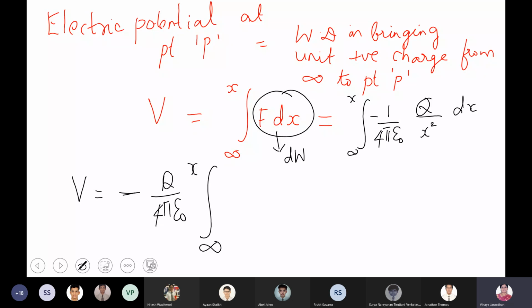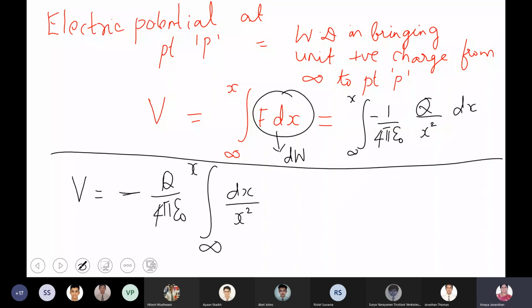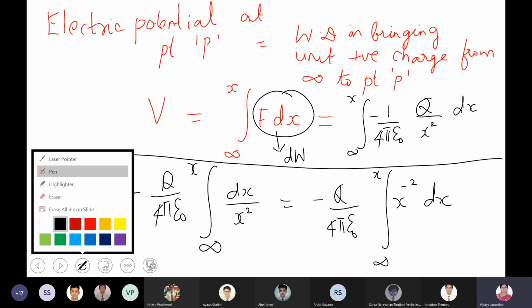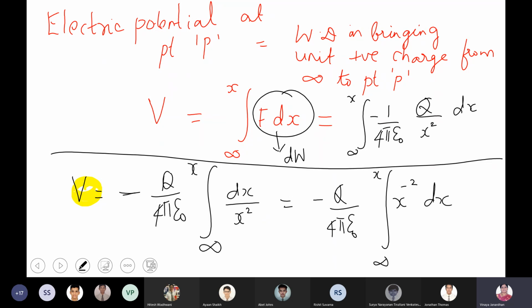What is left is dx by x squared. Now x squared can go to the numerator as x to the power of minus 2. So this is minus Q divided by 4 pi epsilon naught, integral from infinity to x of x to the power of minus 2 dx. Check whether you are getting this. Now we'll need to solve this.